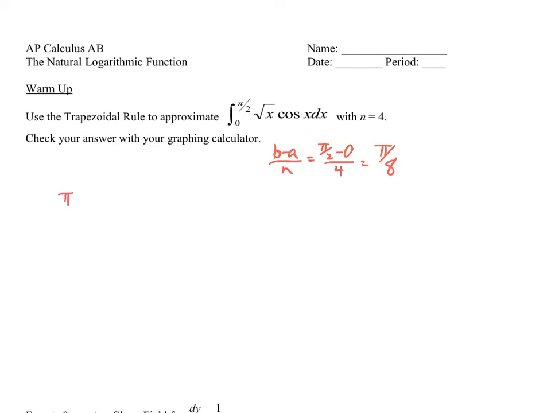All right, so in our formula, the area is going to be approximately, we have to do b minus a over 2n, so it's going to be pi over 16 times, and now we have to figure out this at different values.